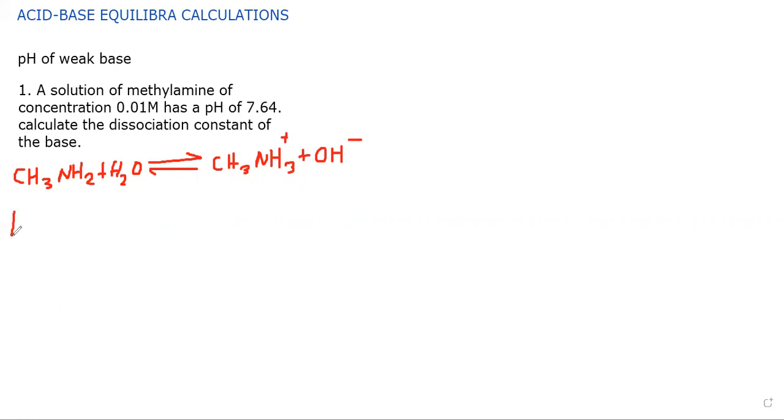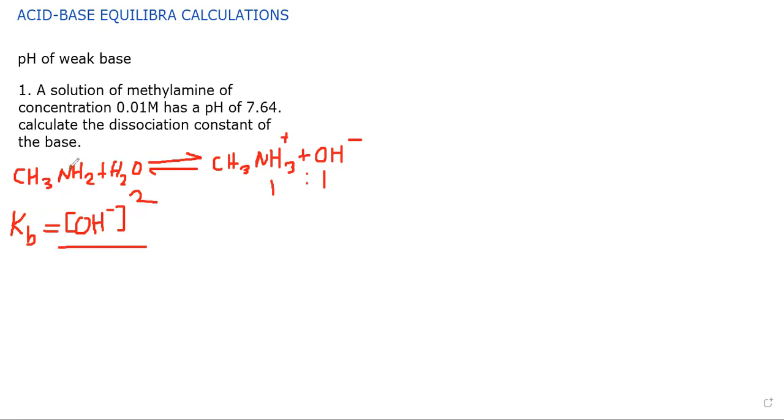Again, just like with weak acids, the concentrations of these two are equal, so we don't need to put both of them in our equation. We're just going to put OH minus squared.